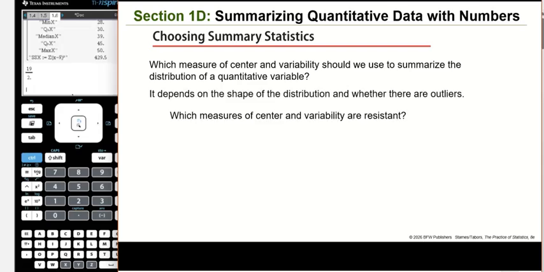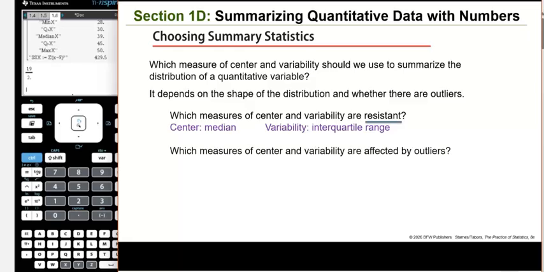It depends on the shape. What measures are resistant? Median and IQR are both resistant, so when the data is skewed, we use those. Which measures are affected by outliers? Mean and standard deviation, so we use those only when the data is roughly symmetric.